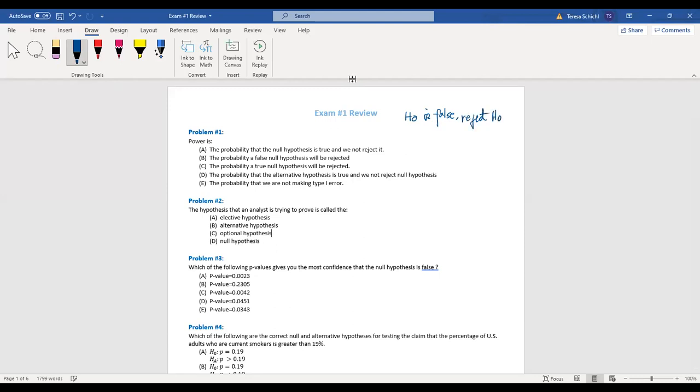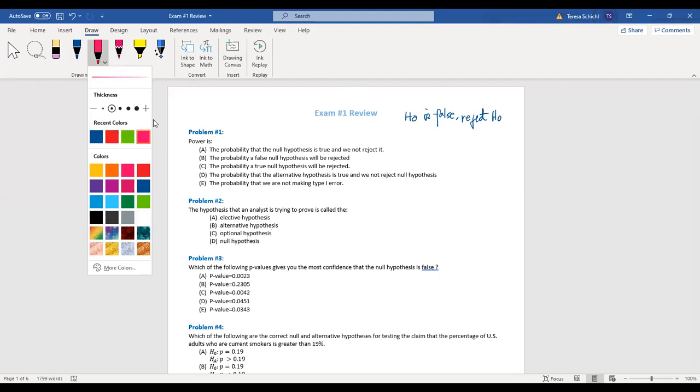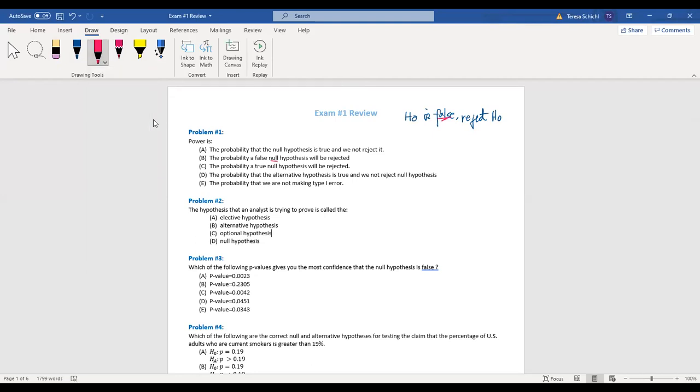That is what we call the power. So let's see which one is correct. It's the probability that the null hypothesis is false and we will reject the null hypothesis. So it's part B here.